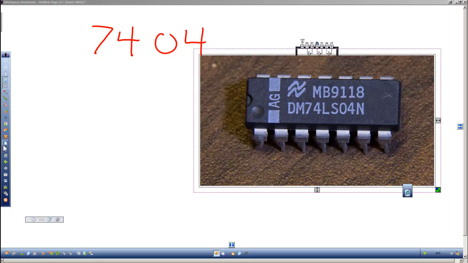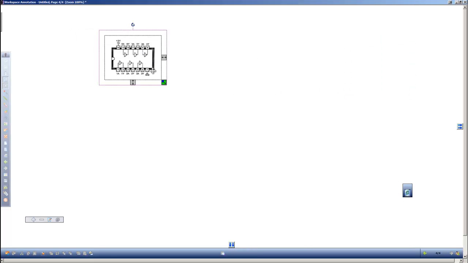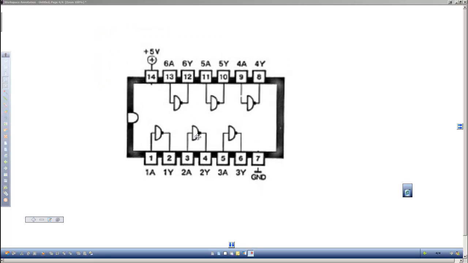Now if we look at the pinouts of this 7404 chip, the 7404 actually has 6 inverters. If I can increase this screenshot, really, instead of an inverter, it looks more like an AND gate.